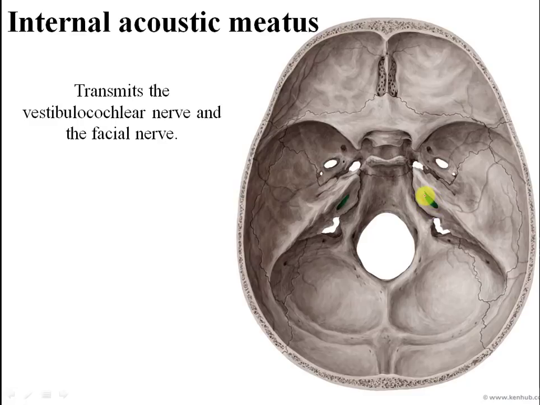and here the cranial nerves number 7 and 8 pass through this opening. Again, emerging from the brainstem, we have cranial nerve number 7 and cranial nerve number 8. So these two nerves pass through the internal acoustic meatus.